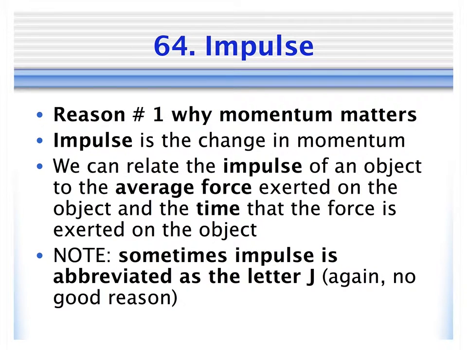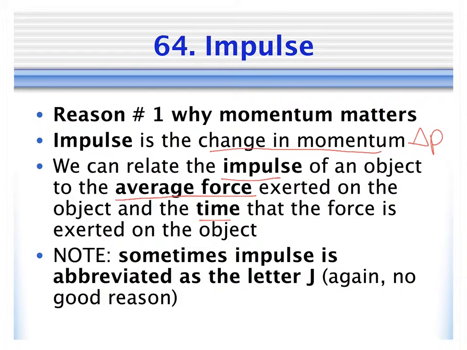There are two reasons why we care about momentum, otherwise it would just be a useless quantity. The first one is impulse. So impulse is actually the change in momentum, all right? Delta P is how I always do it. And the reason why impulse matters is we can relate the impulse, the change in momentum of an object, to the average force exerted on that object and the time over which that force is exerted.